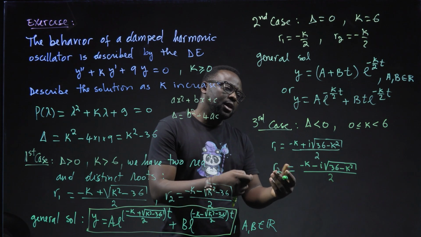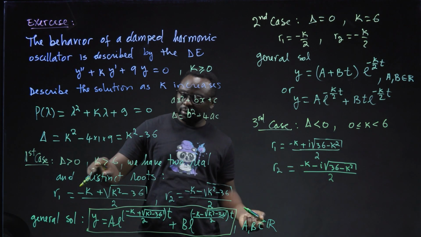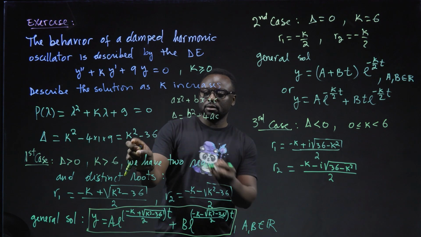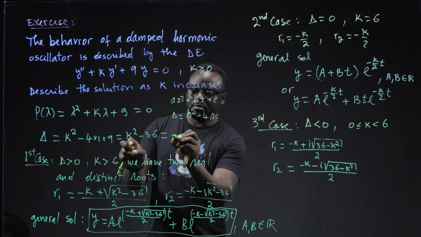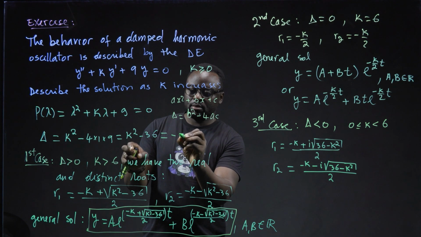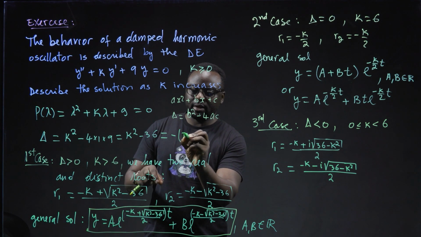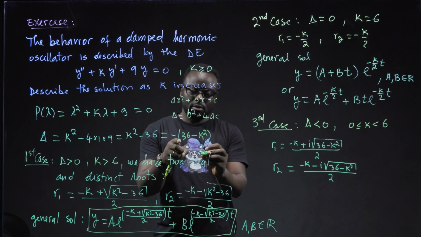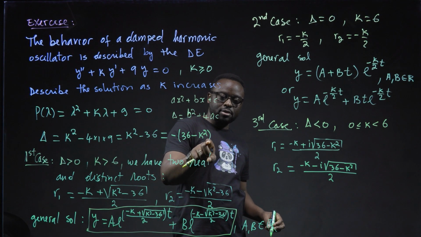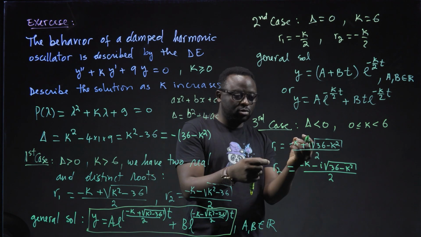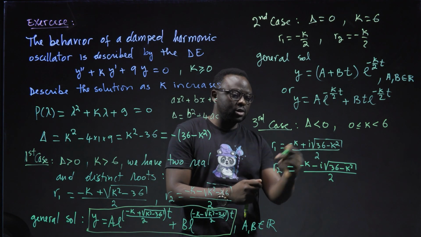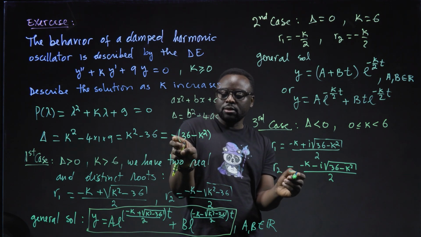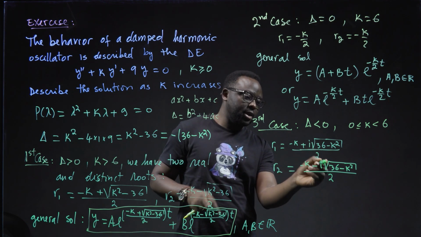So as you can see here, when this discriminant is negative, it can be written as minus, if you factorize the minus, this becomes 36 minus k squared. So negative means that this term is positive, right? That's why we have to swap the position of 36 and k squared here in order to get this form. And we know that i squared is minus 1, yes. That's why we have i here and i here.